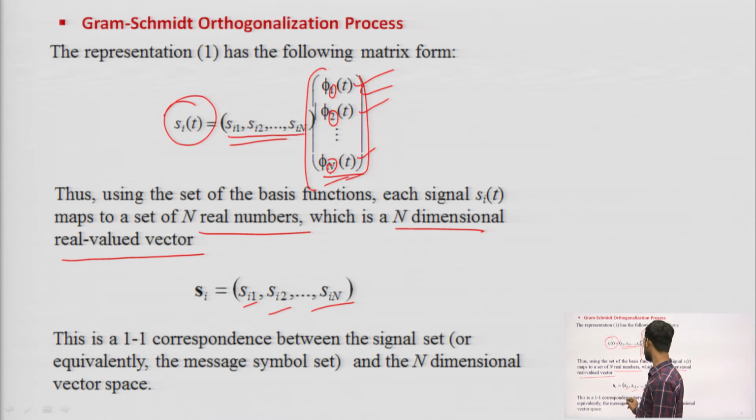This is a one-to-one correspondence between the signal set and the n dimensional vector space. One is your signal set and another is your n dimensional vector space.